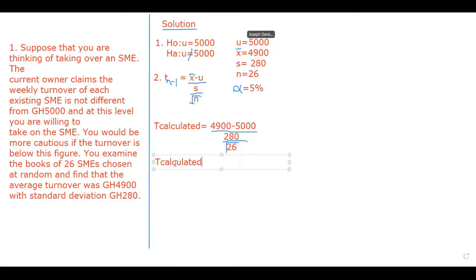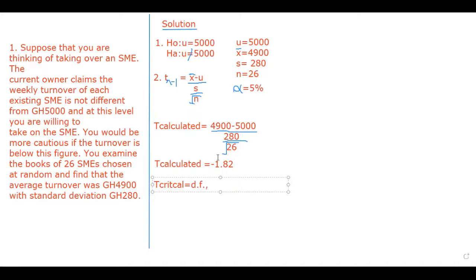So what is the next thing to do? You find the T critical. Yeah, that's the degrees of freedom. So for the T critical, we are going to use the degrees of freedom and the what?